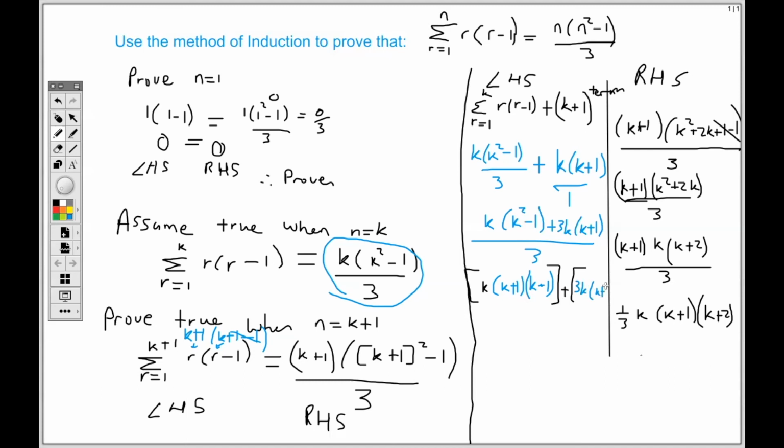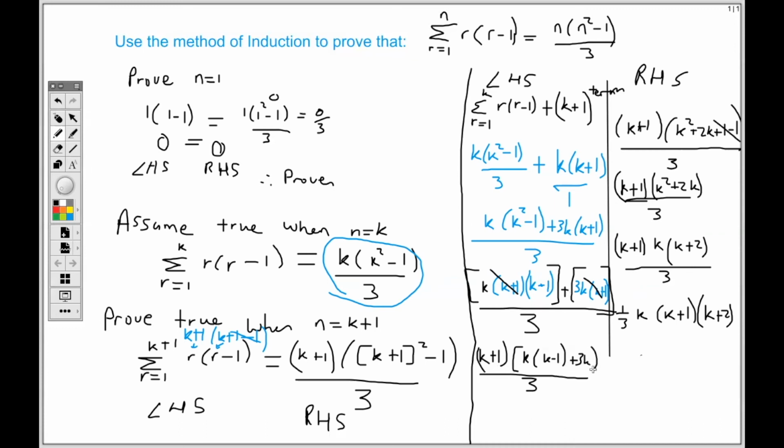Then it's all over 3. Now, k plus 1 is common, so I can factor out the k plus 1 that I have here. And factoring it out, what is remaining? I will have k times k minus 1, plus 3k.